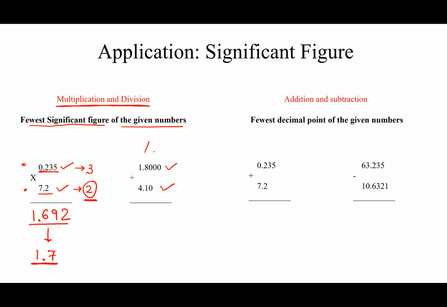Sir, I'm sorry, how do you get 1.7? What we did is we rounded off the number that we have, 1.692. If we round it off, we get 1.7. Do you know what rounding off means?